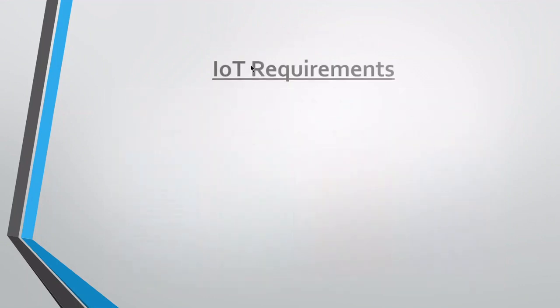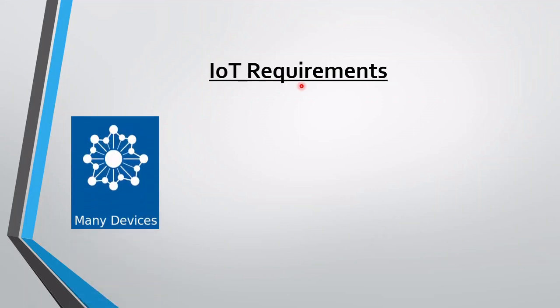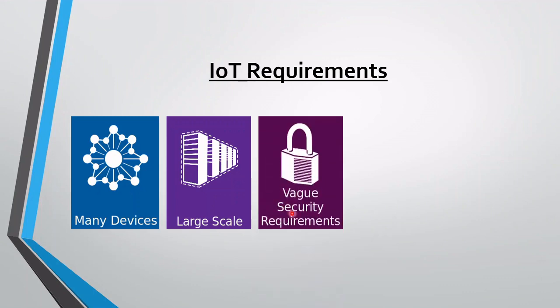Next, we see what the IoT requirements are. The first requirement is many devices, that is, multiple devices are connected. Next one is large scale. When we talk about many devices, the scale will be increasing. Security is very important when it comes to IoT, because no one other than us must get control over the system.